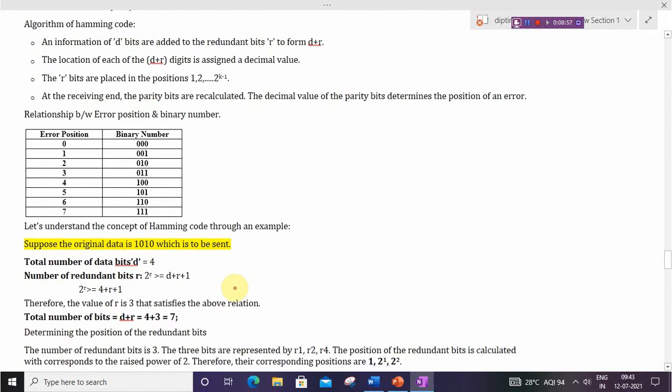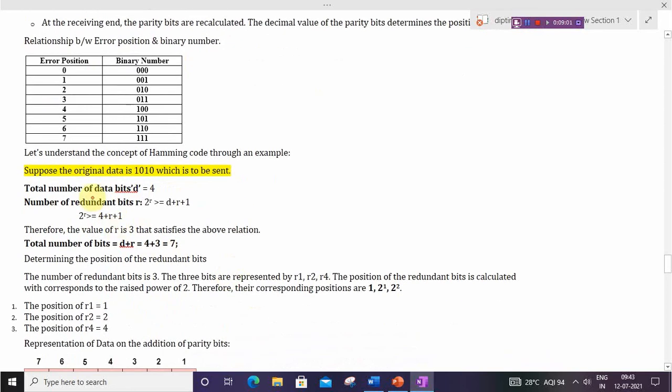Let us understand the concept of Hamming code through an example. So suppose the original data is 1010. Means the number of bits is D equal to 4. Then the number of redundant bits we have to calculate by using 2 to the power R greater than or equal to D plus R plus 1.